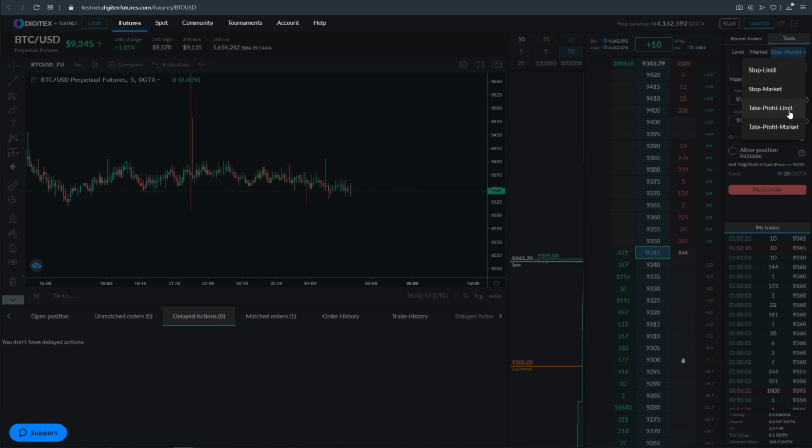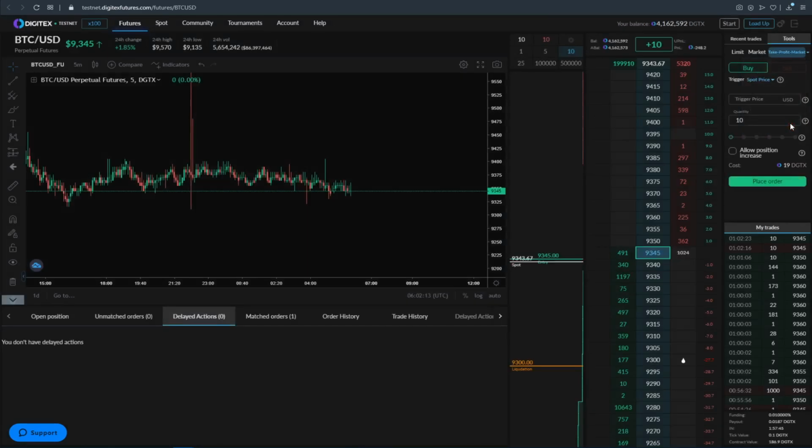So we'll start with take profit market. It's pretty much like a stop market, just for take profit. If we're in a long position and we want to take profit at a certain level, and we want to make sure that we get filled no matter what, because if you have a limit order, let's say I left click up here and I have a limit order at 93.70.